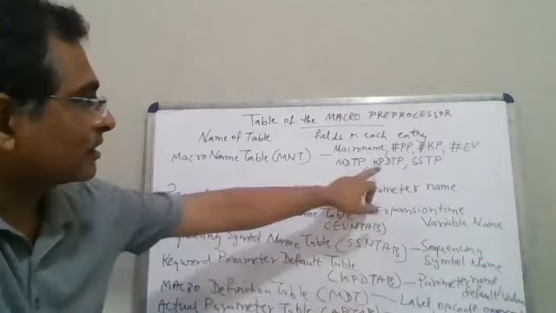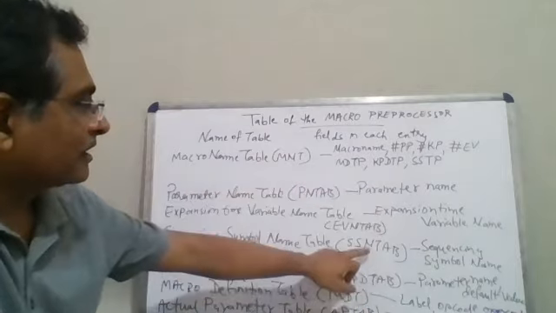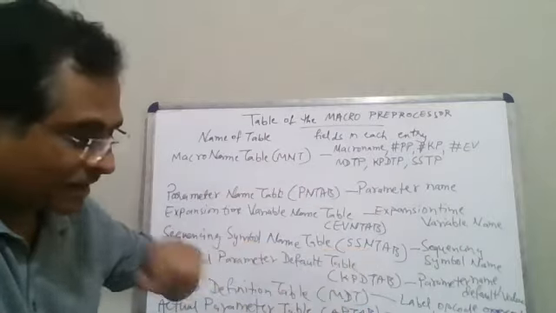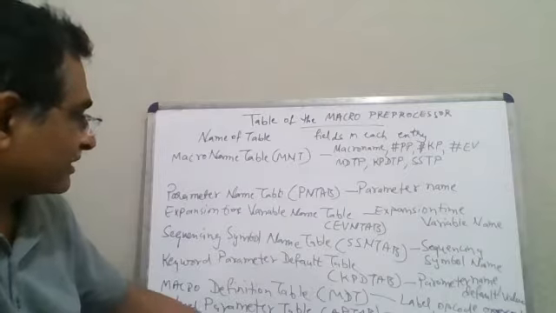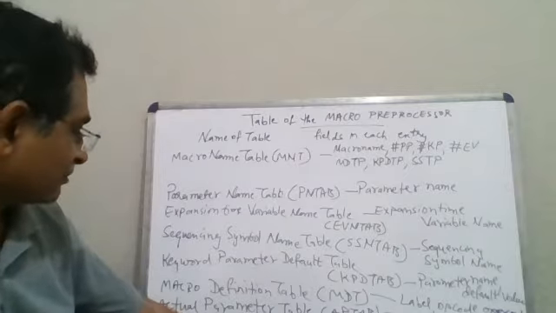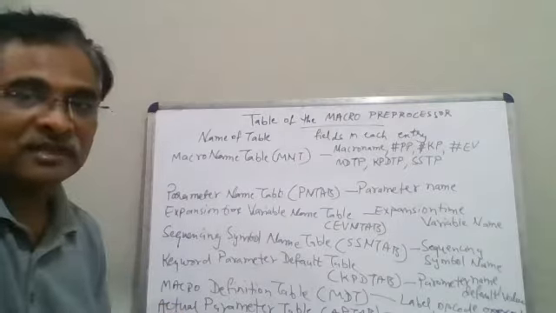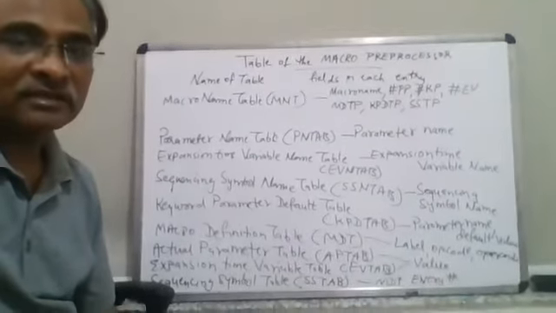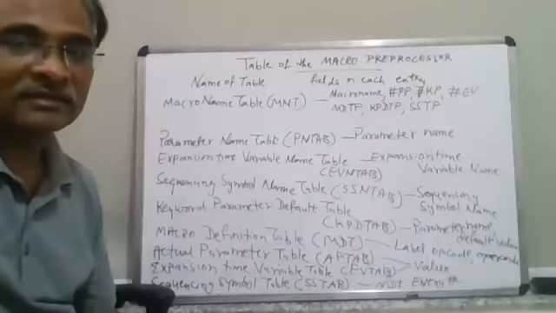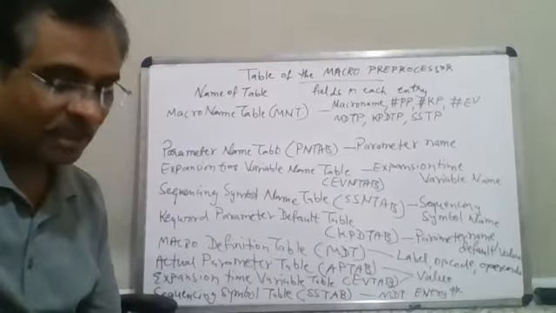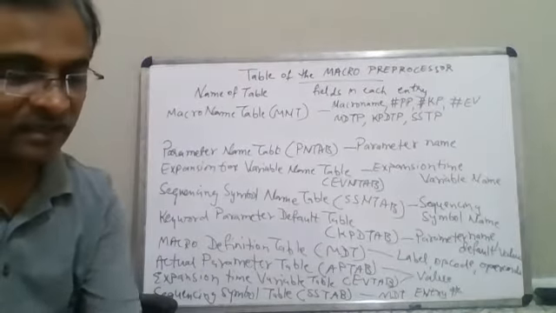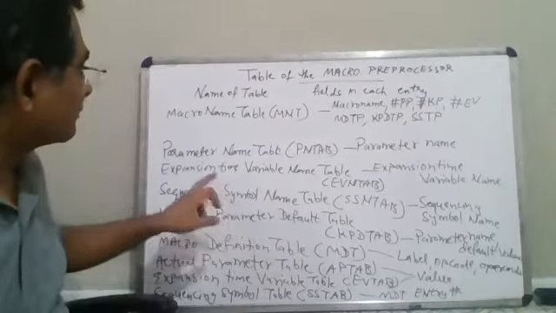Then there is one more, SSTP, the SS tab pointer. So SS tab is going to be the last one. If you see sequencing symbol table, SS tab, it is going to have the MDT entry number as part of the field. Anyway, we'll see all these things.